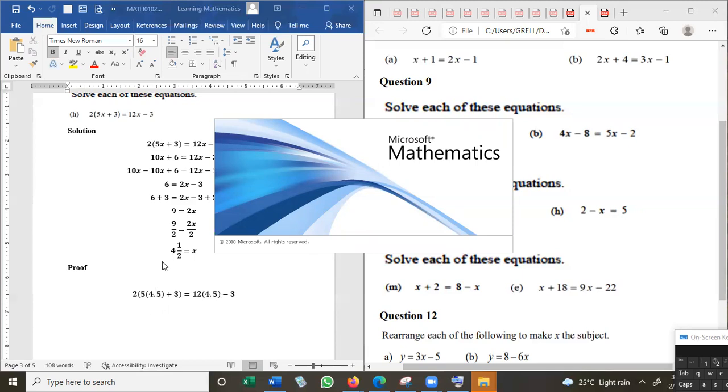We have 5 times 4.5. 5 4s are 20. 5 times a half is 2.5. 22.5 plus 3, that's 25.5, times 2.